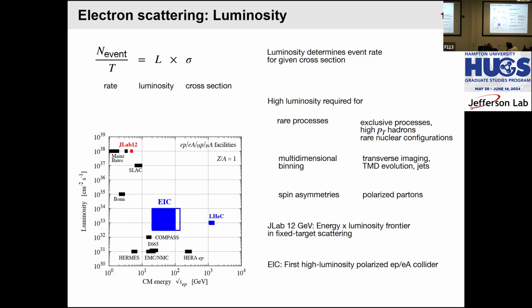So you see right away how this would push the combined energy and luminosity frontier in electromagnetic scattering, or more quantitatively, it would be 2 to 3 orders of magnitude higher in luminosity than the HERA collider that existed so far. So this is just to put things in perspective.